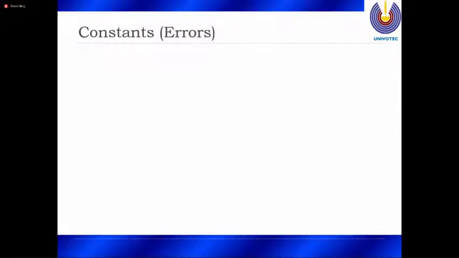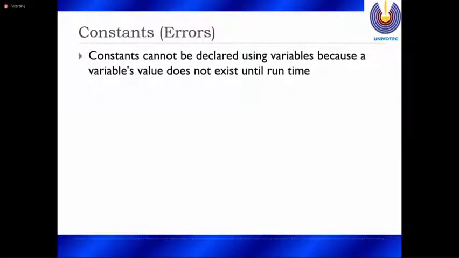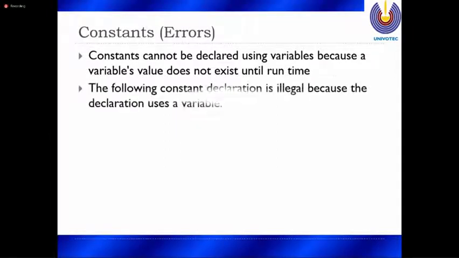Some errors are there. A constant cannot be declared using a variable, because, as I already mentioned, a variable value does not exist until runtime, or the variable changes from time to time, but the constant value does not change. The following constant declaration is illegal because the declaration used a variable.